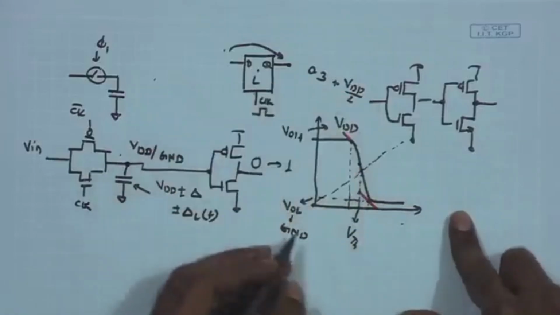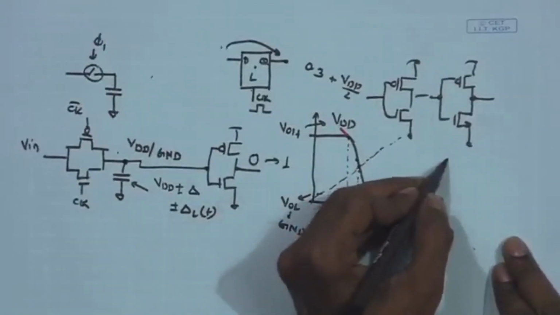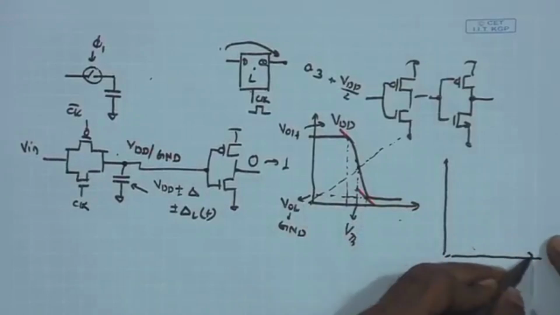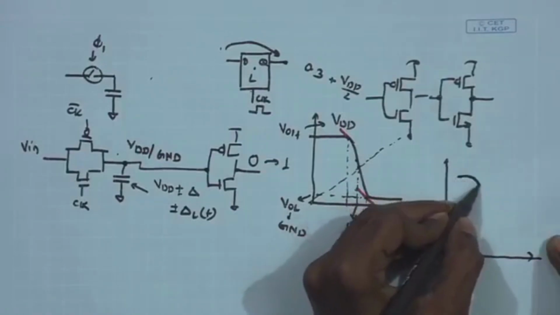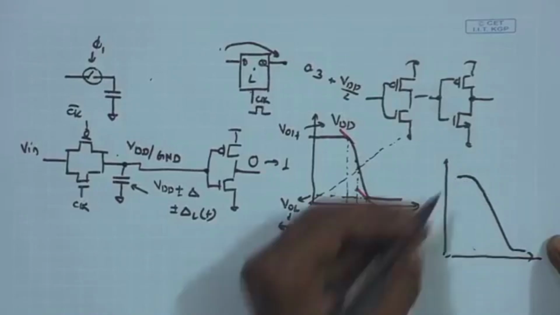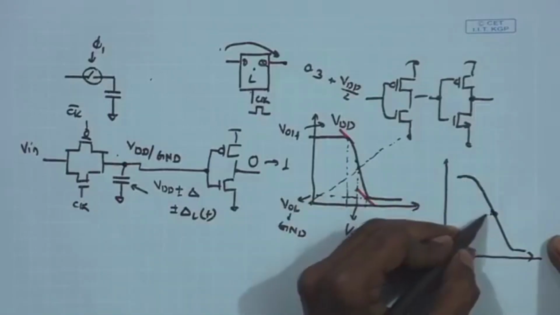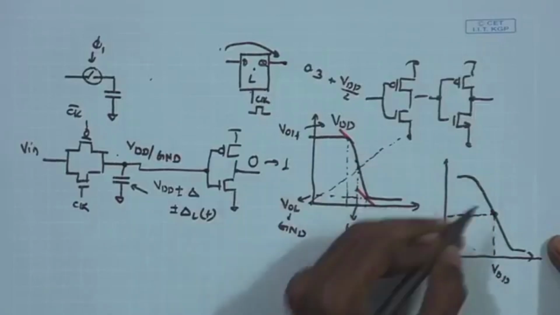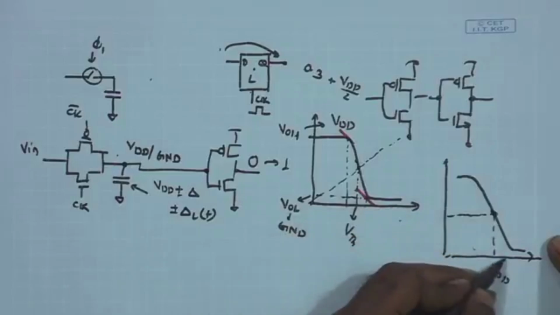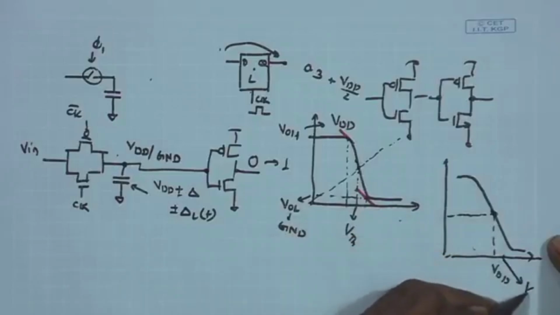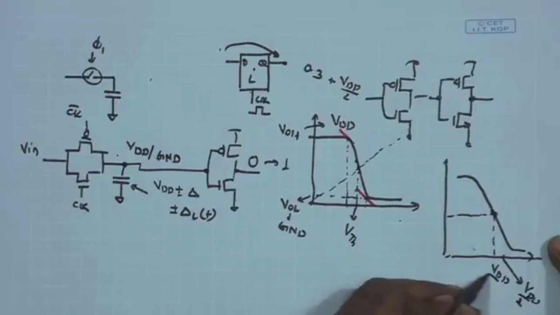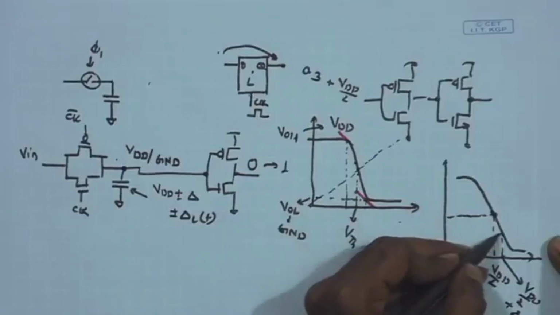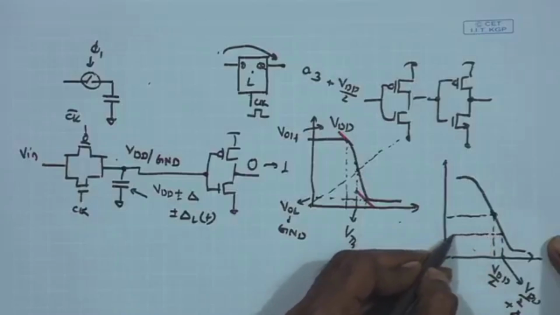we can make sure that in the next transition, if I just draw it in a slightly magnified fashion, I am just drawing that slope region in a magnified fashion. So, as long as I have the input in this high slope region, VDD by 2, say the input is lying over here, VDD by 2 plus delta, that means the resulting output will be here.